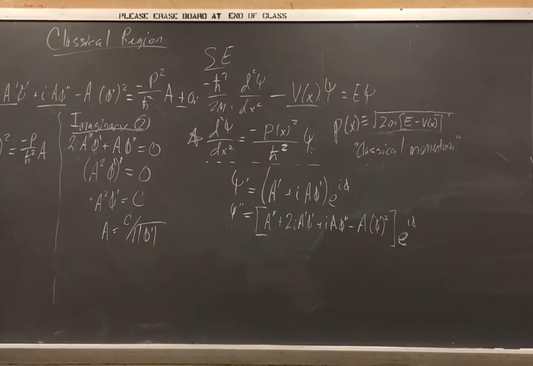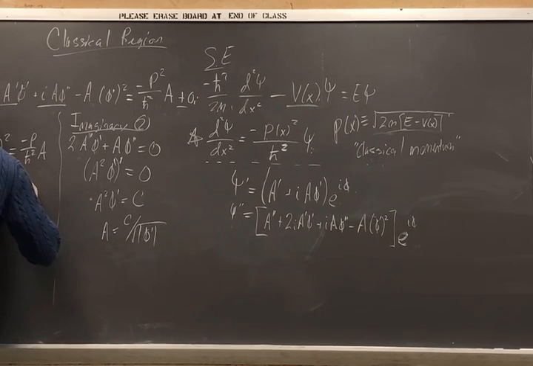Now this second equation, let's see what kind of manipulation we can do to this. We kind of want a on one side. We can move this a double prime to one side. We can get a double prime equal to negative p over h bar squared plus phi prime squared, times a.